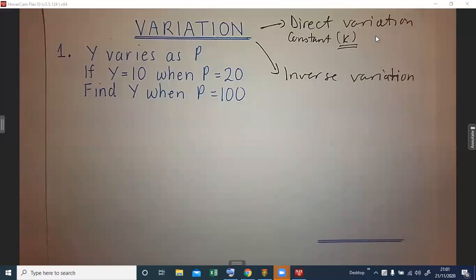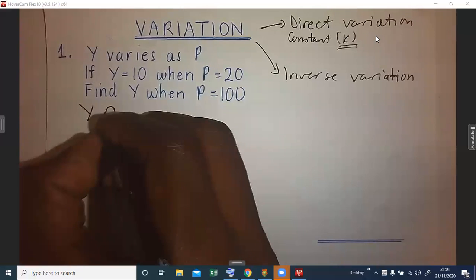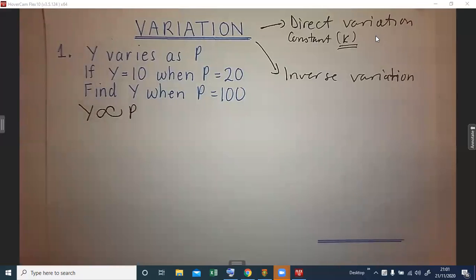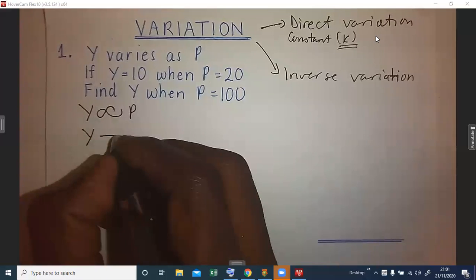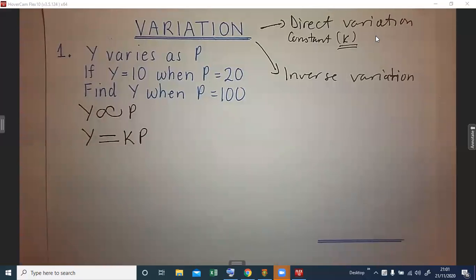Question number 1. Y varies as p. When y varies as p, we change it to an equation and we get y is equal to constant p. Y is equal to kp.